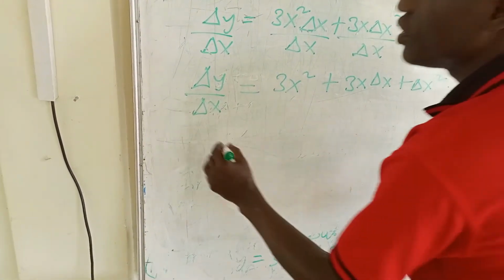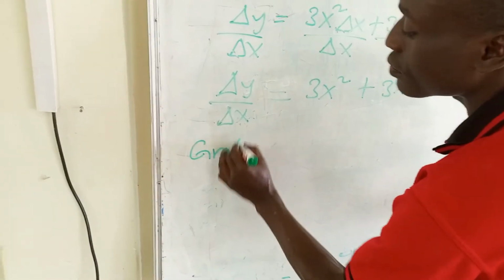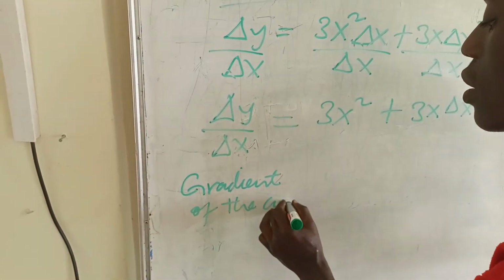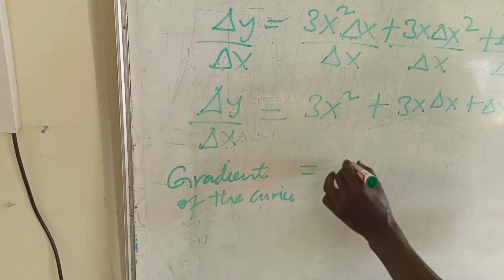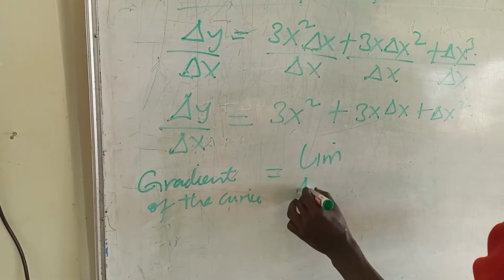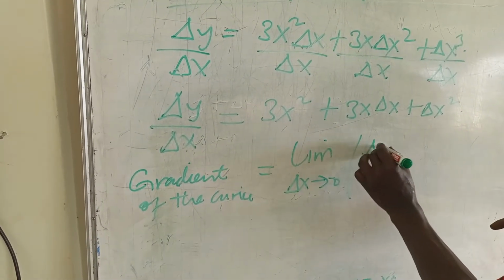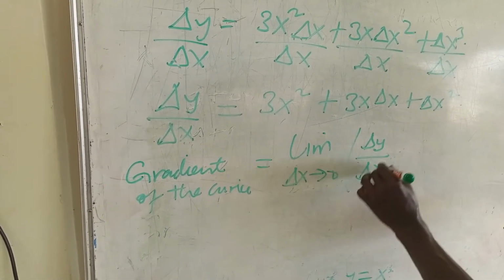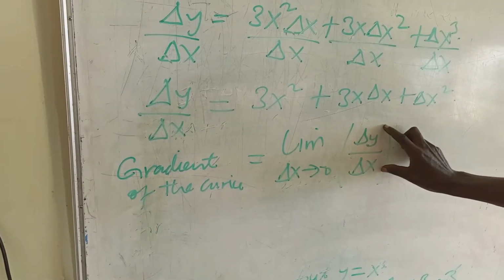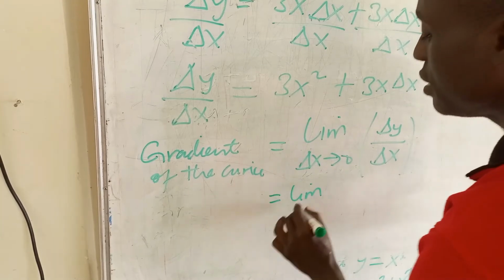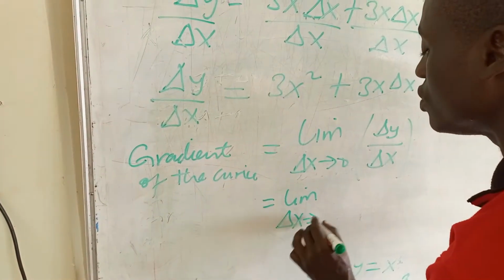So therefore, I will say gradient of the curve will equal the limit as change in x tends to 0 of change in y over change in x. But my change in y over change in x is this expression. Therefore, it becomes limit as change in x tends to 0.